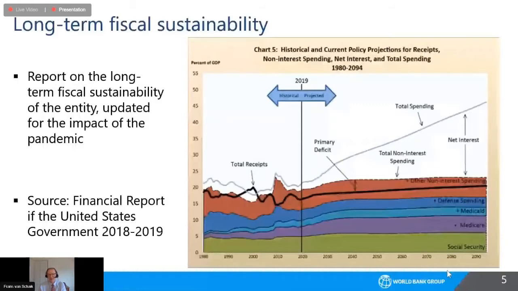So the deficit is going to be enormous. It's actually demonstrating the lack of sustainability of public finance. So the recommendation from the IPSAS Board is for all governments to come up with this long-term fiscal sustainability analysis.